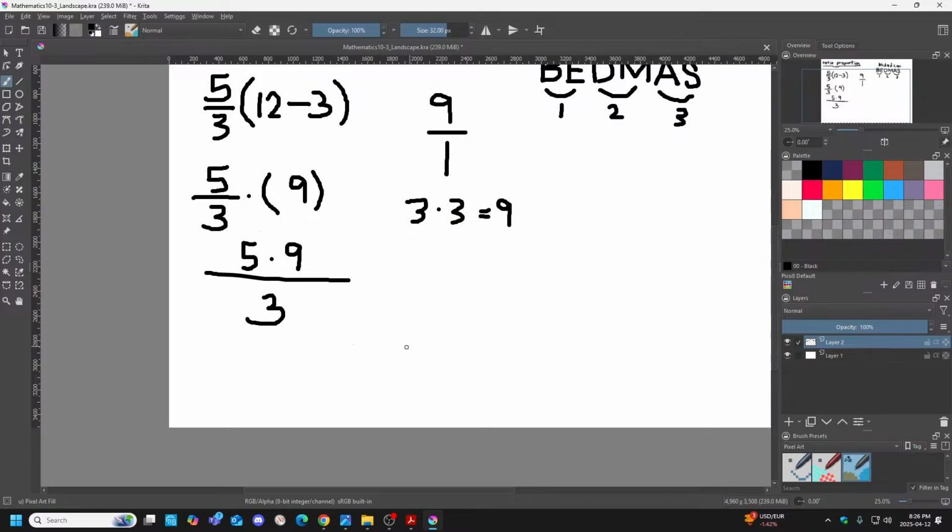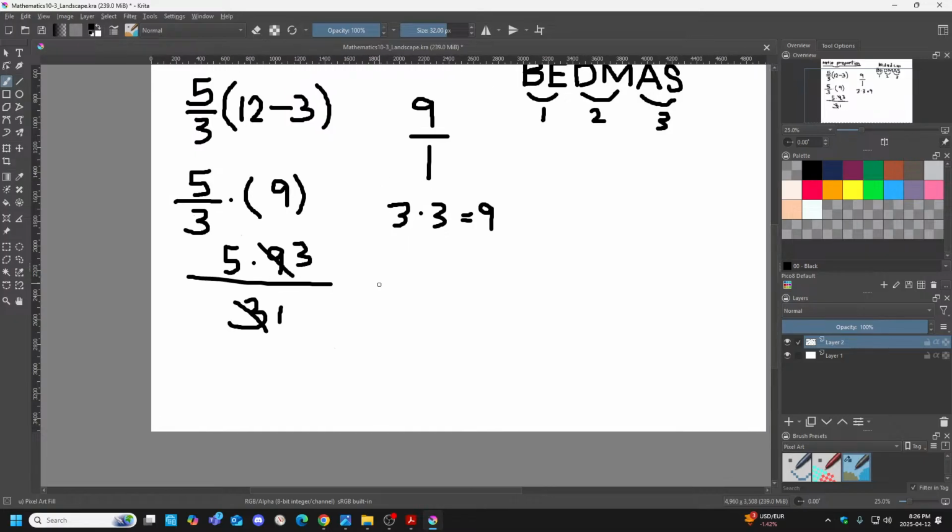So I'm just going to go like this. If I pull 3 out of that, that leaves 1. If I pull 3 out of this, that leaves 3. So I'm left with 5 times 3 over 1, right? Because that's 1 now, which is 15.